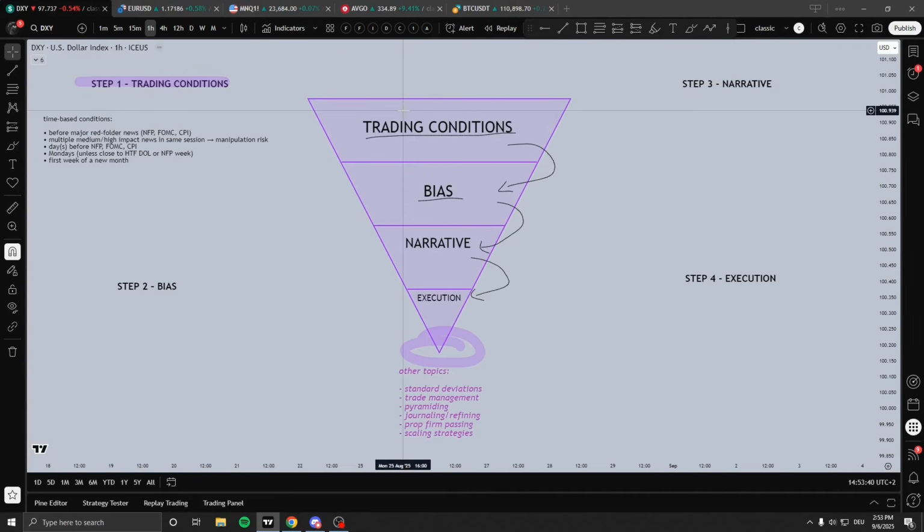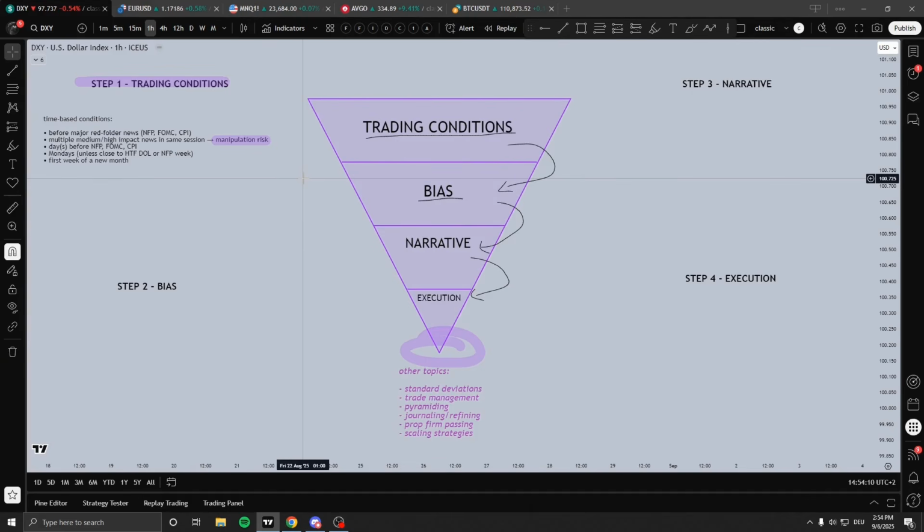Then another time-based reason is if we have multiple red folders in the same session. For example, the day ahead of NFP, we always have 3 red folders in the New York session. You have to be aware that with 3 red folder sessions there is a high risk of manipulation. Usually one of those 3 news events will be at least a manipulation against your bias, meaning until that manipulation has happened, you don't want to take a trade.